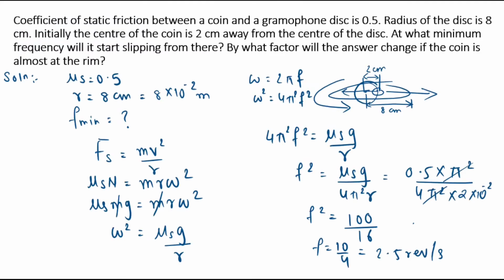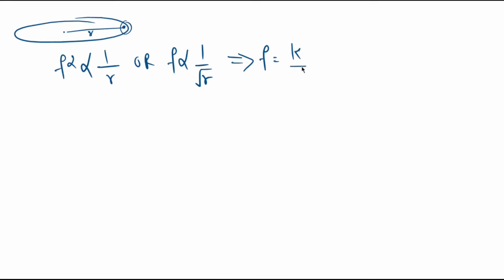So from the previous frequency equation, if you take the relation between the frequency and r, you get that f square is directly proportional to 1 by r, or f is directly proportional to 1 by root r. So we can take this as f equal to k times 1 by root r.